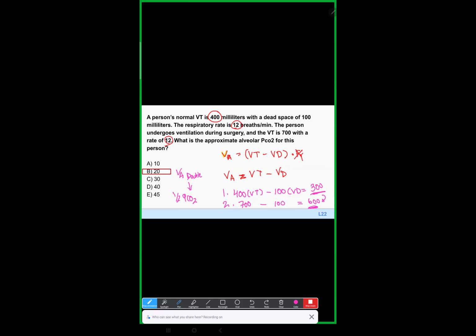That's because the more ventilation you have, the more expiration of CO2 you do, and you have less CO2 in your alveoli. With that logic, the usual alveolar PCO2, which I told you is always 40 mmHg unless told otherwise, now becomes 20 when there is a double increase in the ventilation.